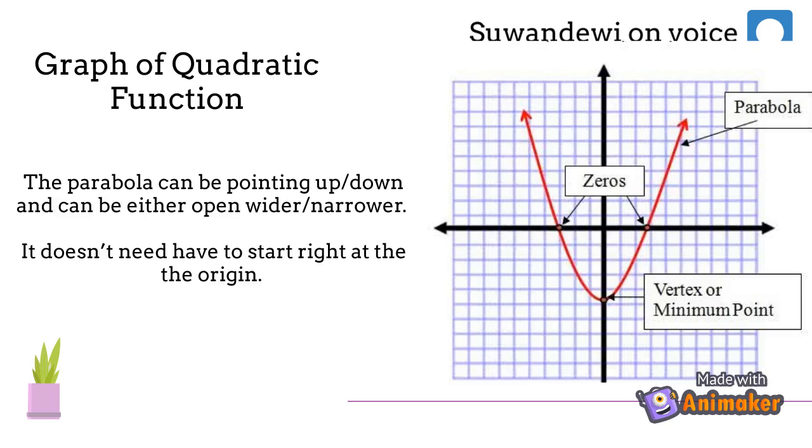The parabola can be pointing up or down, and it can be either wider or narrower. It doesn't have to start right at the origin, so it can be starting anywhere else as well.